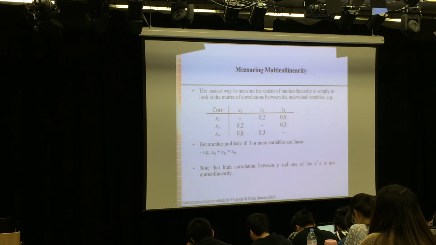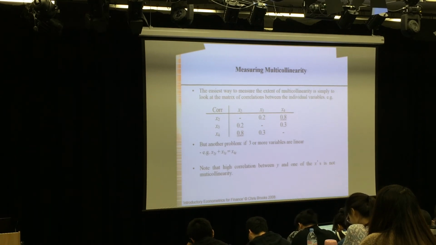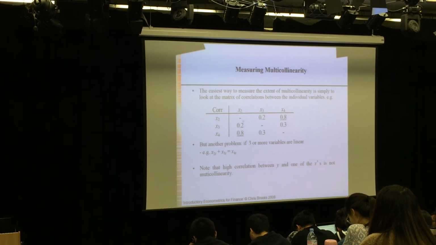The easiest way to measure multicollinearity is just to check the correlation. You're all probably familiar, hopefully, with a correlation matrix. The diagonals here have a hyphen in there, but they should be 1.